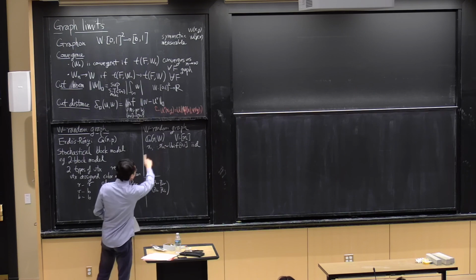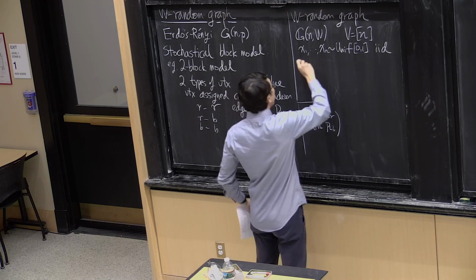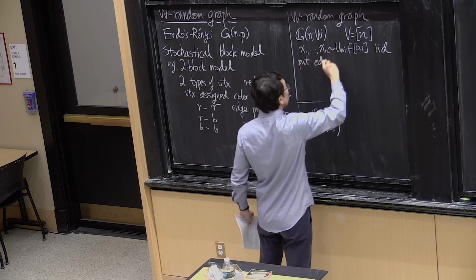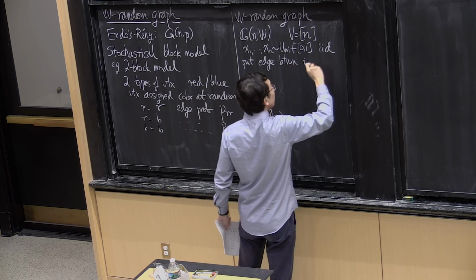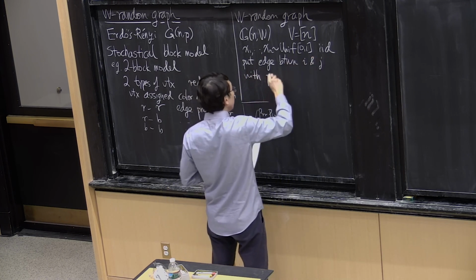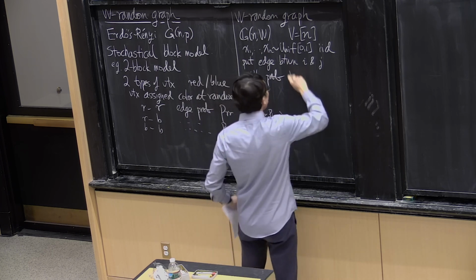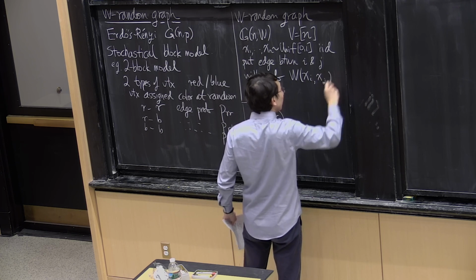So these are, you think of them as the vertex colors, the vertex types. And I put an edge between i and j with probability exactly W(x_i, x_j). Okay.